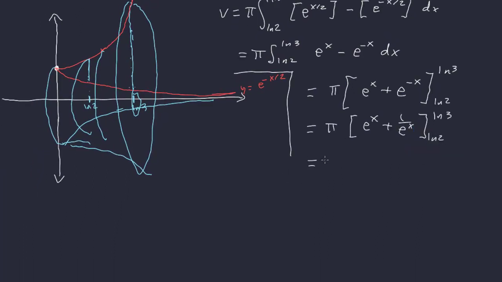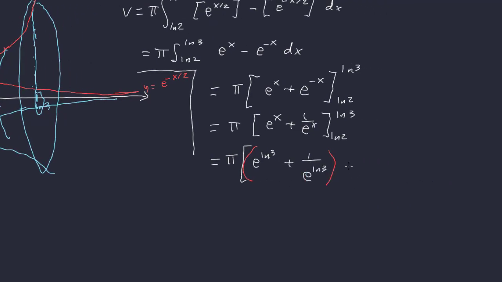So when we plug in ln 3, e to the ln 3, the e and the ln cancel to just give us 3. And we'll do that here on the denominator as well. Okay, so there's our plugging in the ln 3, and then we'll subtract out when we plug in the ln 2.